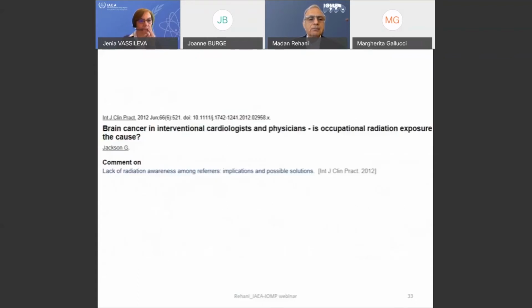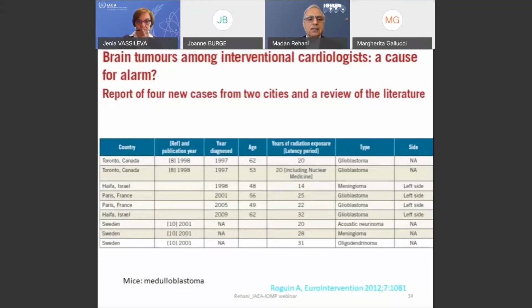Another paper: brain cancer in interventional cardiologists and physicians, is occupational radiation exposure the cause? Another paper summarizing the reports from Toronto, from Israel, from Paris, from Sweden and all that, with various case reports of tumors observed.